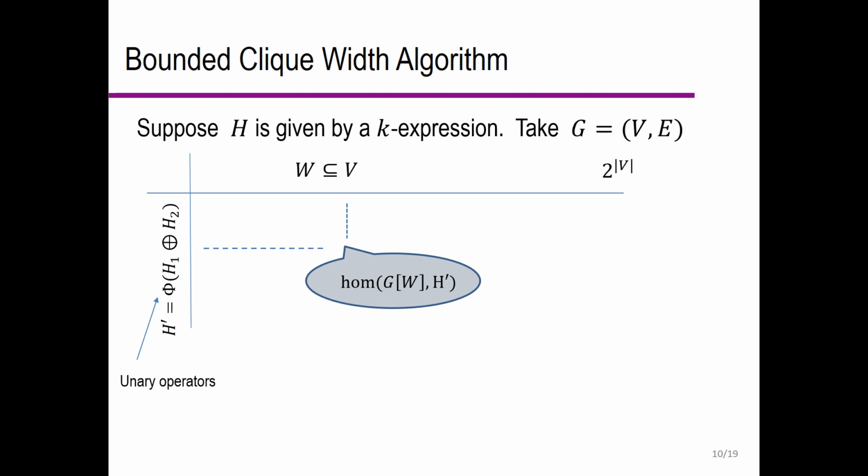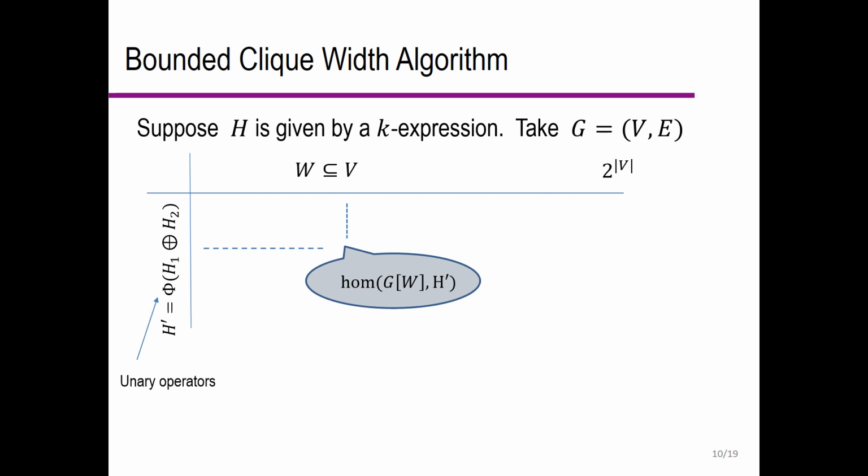Okay, so now how do we compute this? To compute this, we make 2 decisions about the W. First of all, every vertex of W has to go either to H1 or to H2. So for W, we choose a partition into 2 subsets. The first subset will be mapped to H1, the second subset will be mapped to H2.